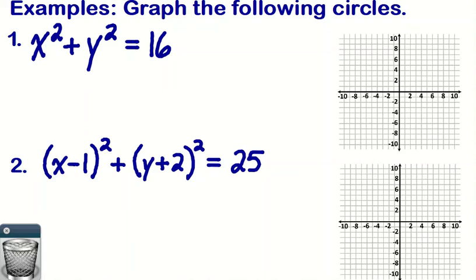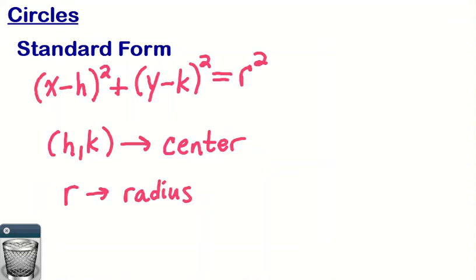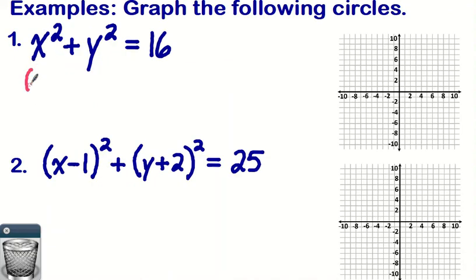Now, really good news. Both of these examples to start us out are already in standard form: x minus something, quantity squared, and y minus something, quantity squared. Here, isn't this essentially x minus nothing squared, and y minus 0 squared?